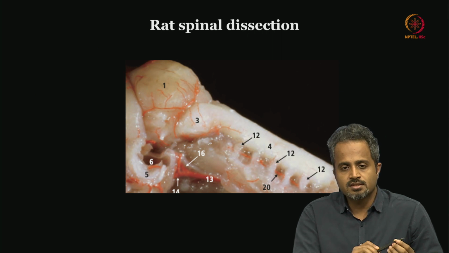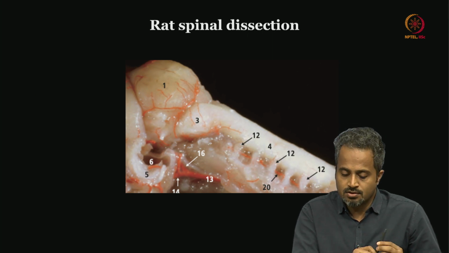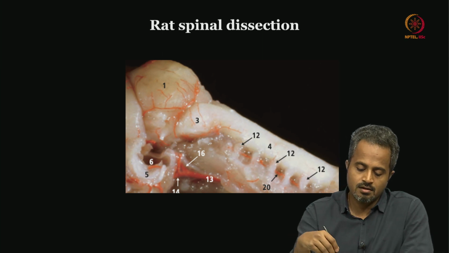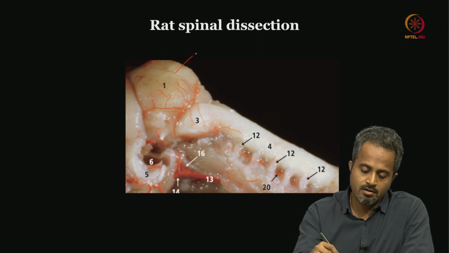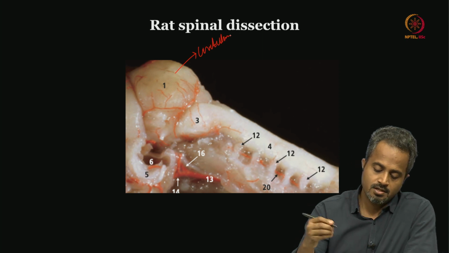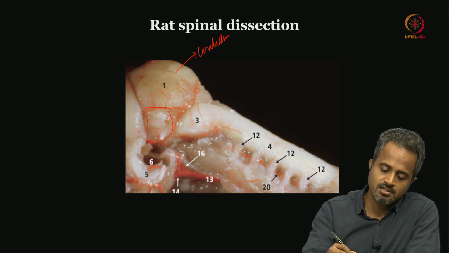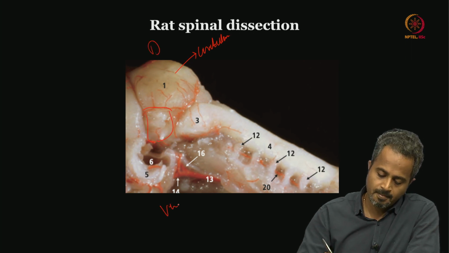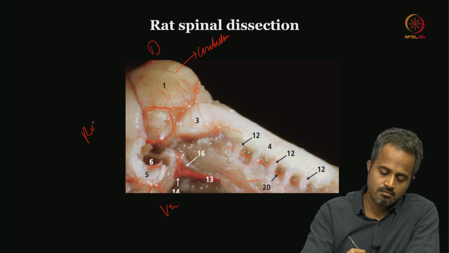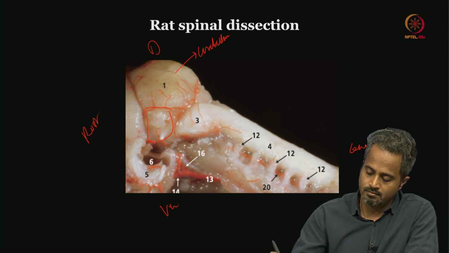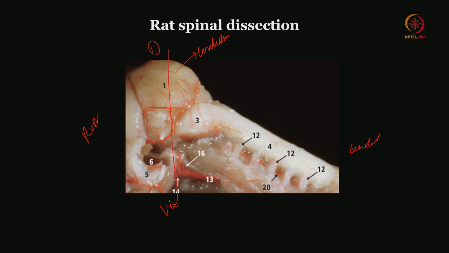But how does the transition from the brain to the spinal cord look? Just to recapitulate, if you remember, this is the cerebellum, alright. So the hidden part is ventral to it. This is dorsum, ventral, rostrum, caudal. That is the orientation, alright.